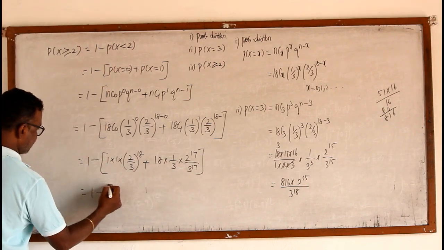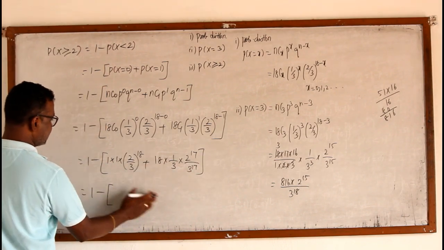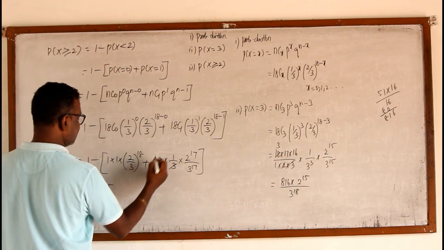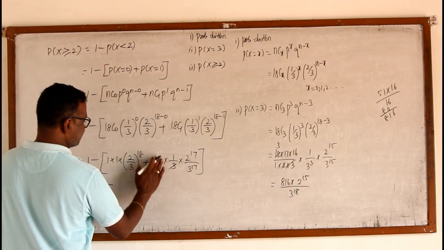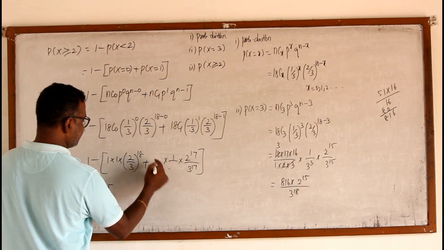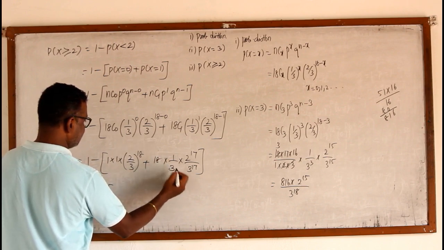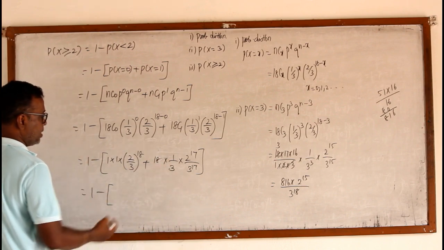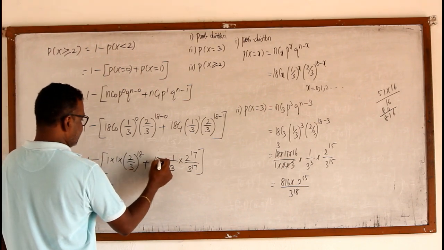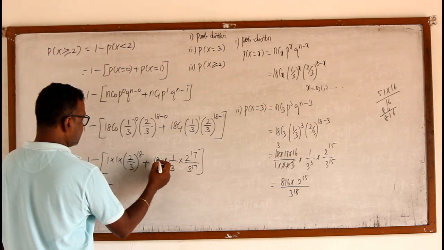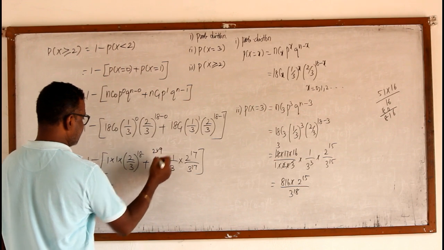So it is 1 minus, shall we say, this one is cancelling 6 times, or shall we maintain 18 by 3, isn't it? 1, 2 if I take means, it is 2 into 9, isn't it?